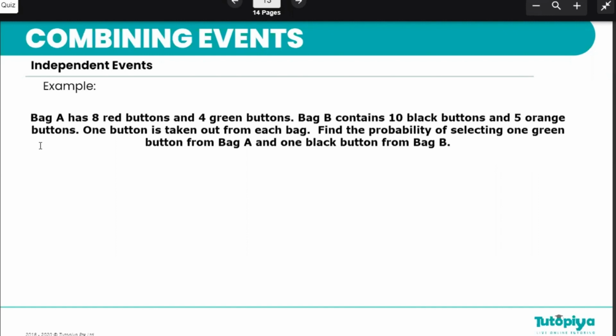So the question here tells us that bag A has 8 red buttons and 4 green buttons, while bag B contains 10 black buttons and 5 orange buttons. One button is taken out from each bag.